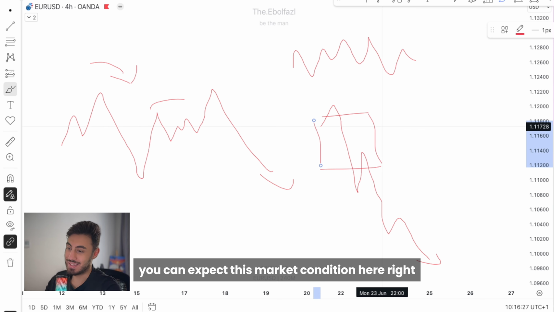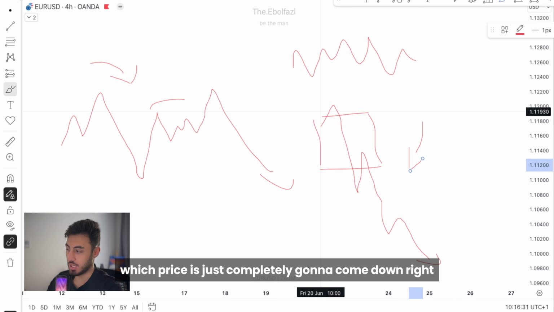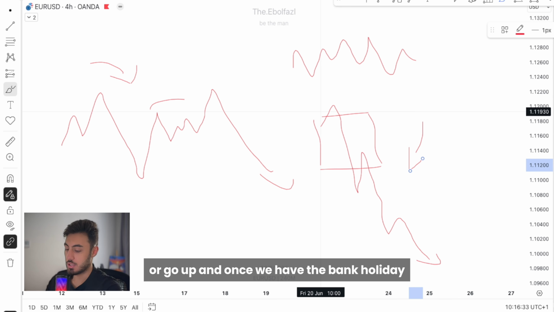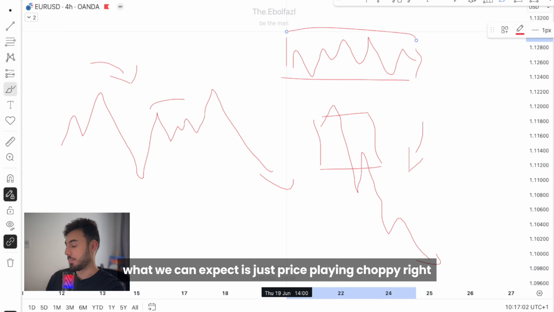You can expect this market condition here, where price is completely going to come down or go up. And once we have a bank holiday, what we can expect is just price playing choppy, right?